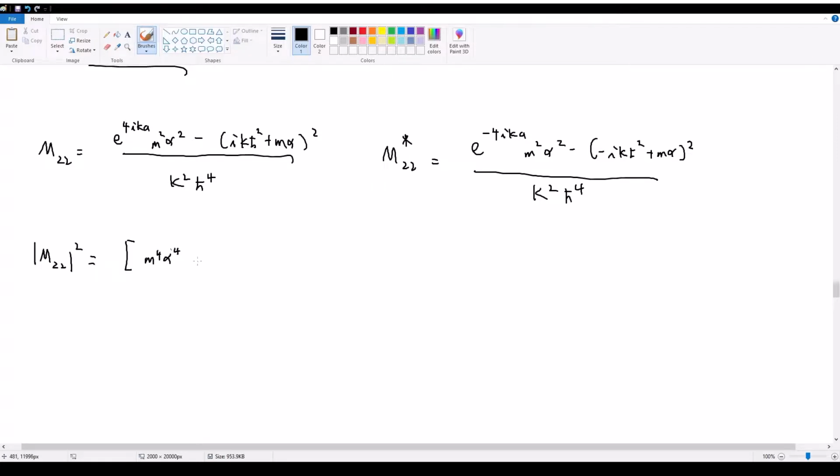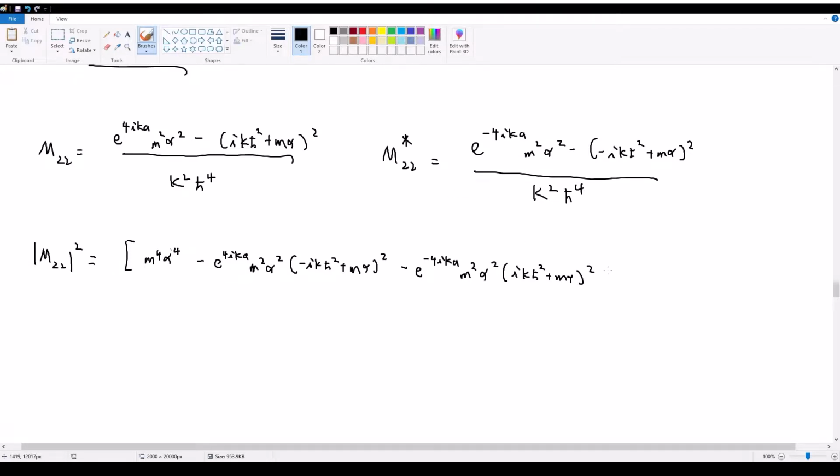So that's going to be minus e^(4ika) m squared alpha squared times negative ik h bar squared plus m alpha squared. Term 2 times term 1 is going to be minus e to the negative 4ika times m squared alpha squared, and then multiplied by ik h bar squared plus m alpha squared.